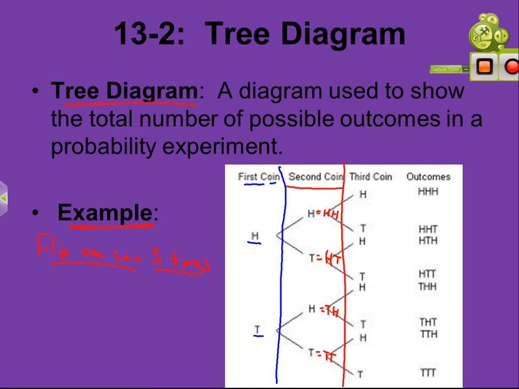Now, if we did a third coin, these are our possible outcomes. Heads, heads, heads. Heads, heads, tails. Heads, tails, heads. Heads, tails, tails. Tails, heads, heads. Tails, heads, tails. Tails, tails, heads. Tails, tails, tails.